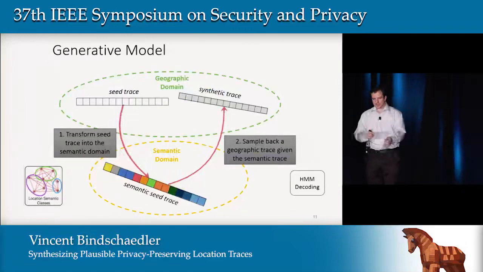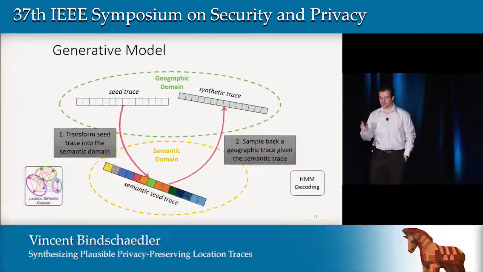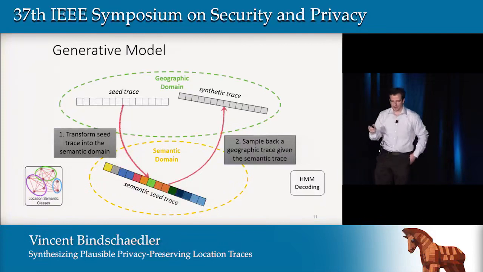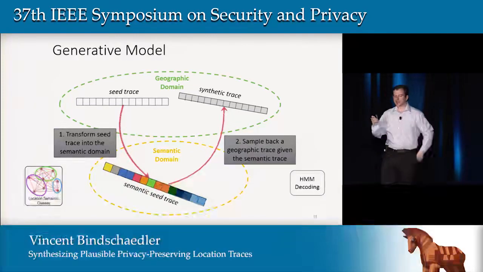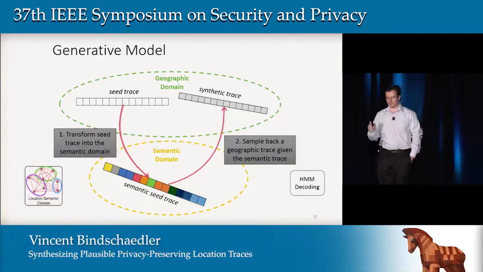So concretely, here's how it's going to go. We're going to start with a seed trace, and you can think of this seed trace as being in the geographic domain. We're going to transform it into the semantic domain to get the semantic seed trace. We will do this using the location semantic classes that we have.